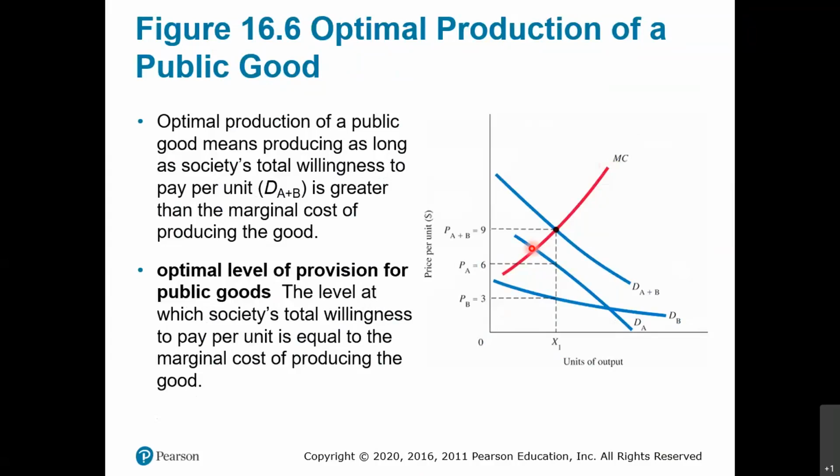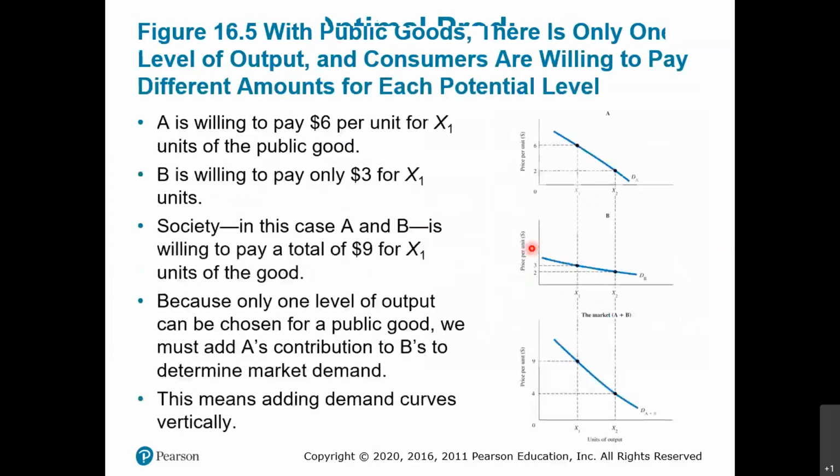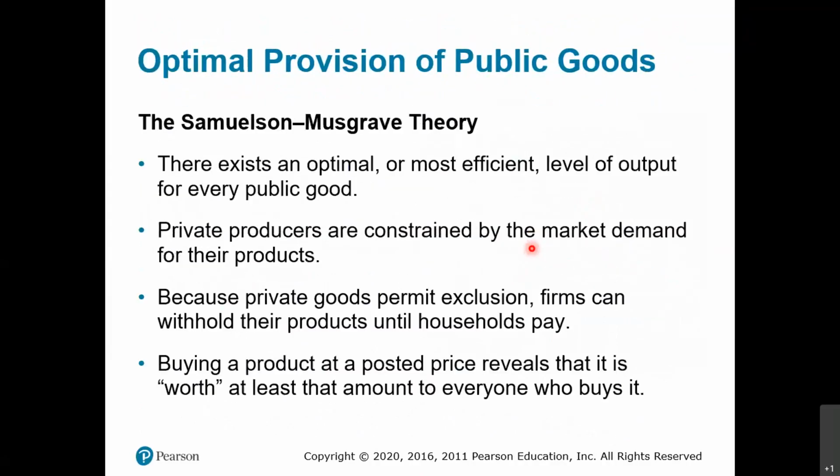They get a small little fireworks show, but it still is worth more in this case to the rest of society to have a bigger show and more people to come see it. So the optimal provision for public goods is actually very difficult to get to.